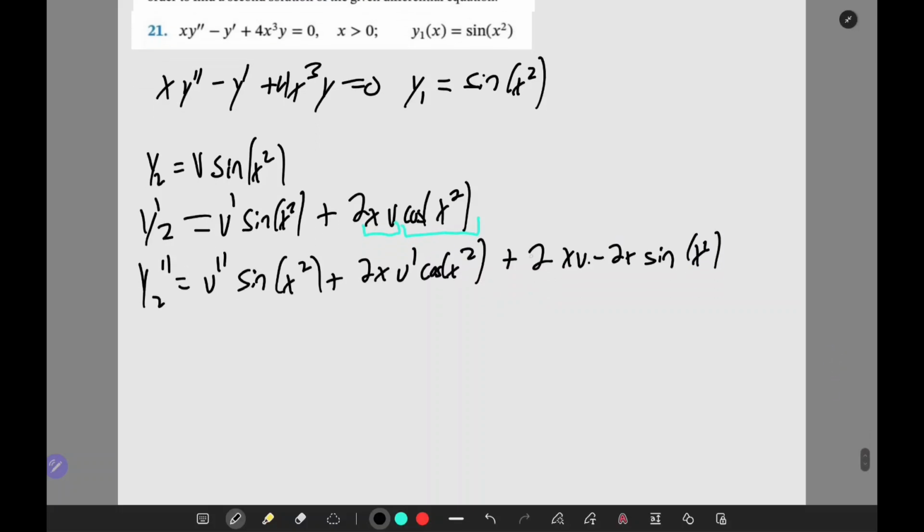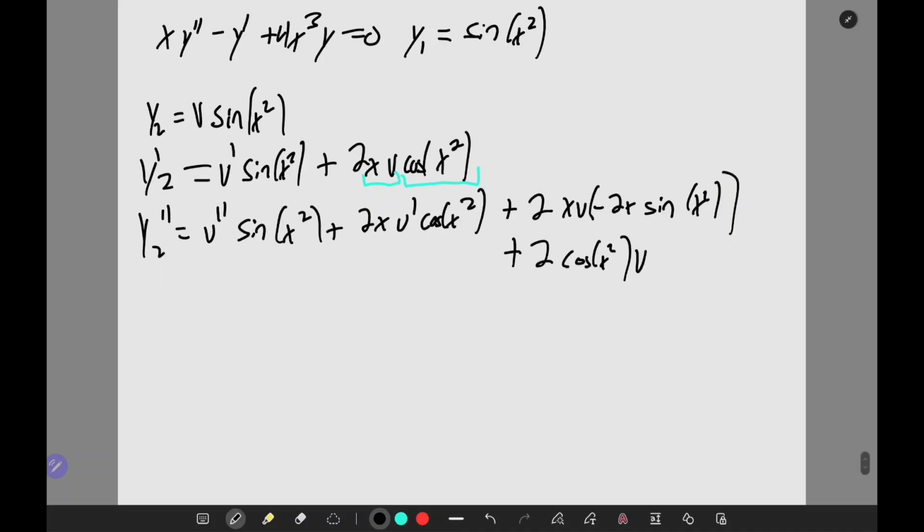And then we have plus 2 times the second times the derivative of the first, which is just going to be v. Okay, so let me rewrite that.